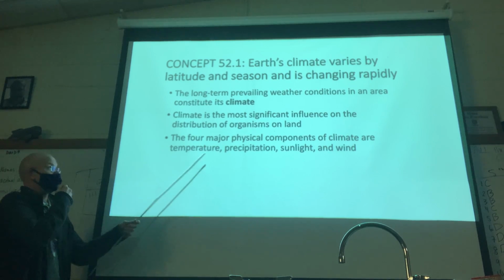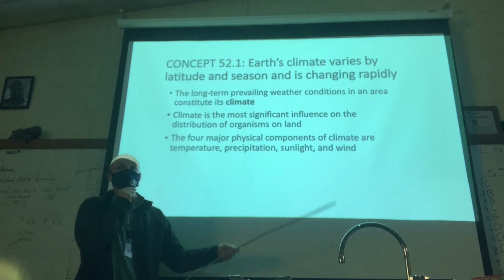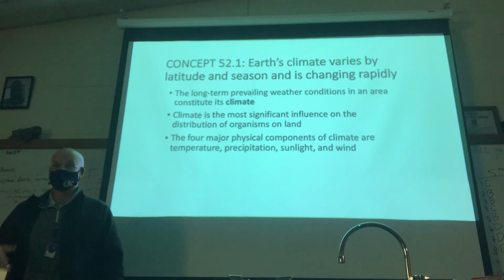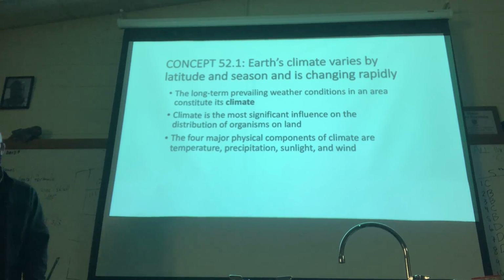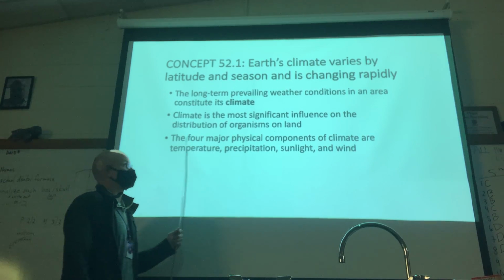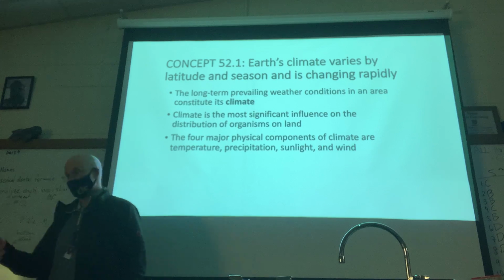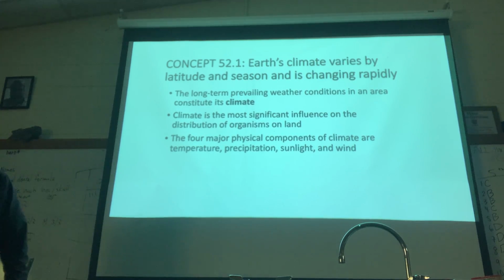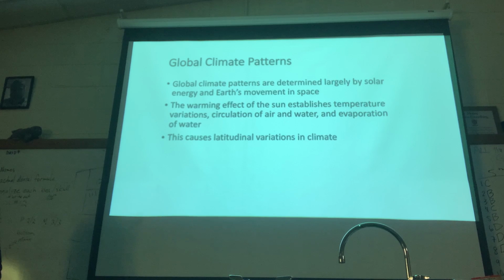And you can point to these as reasons why you don't find certain living things in those areas as well. So temperature, precipitation, sunlight, and wind. And we're going to talk about all four of these to some extent today.